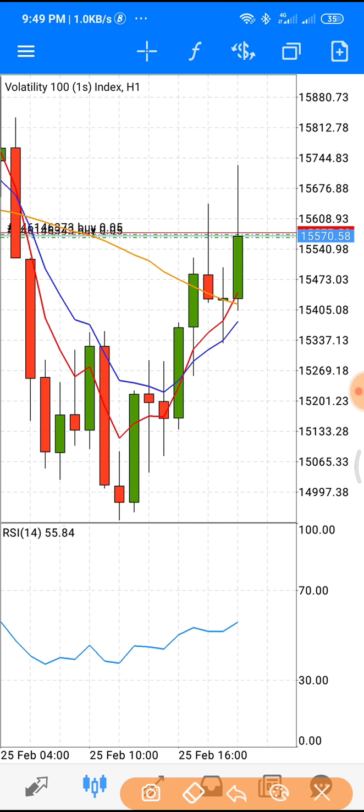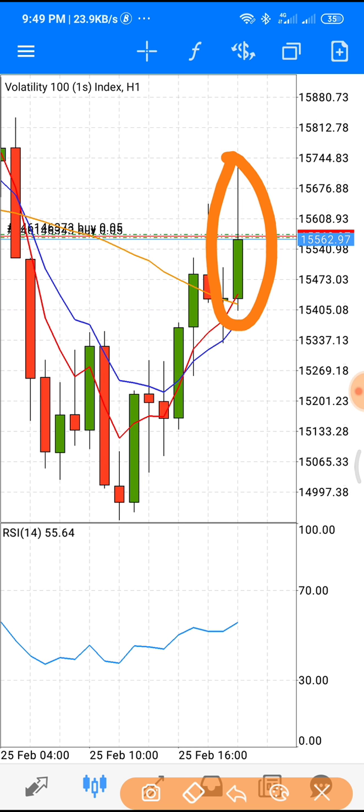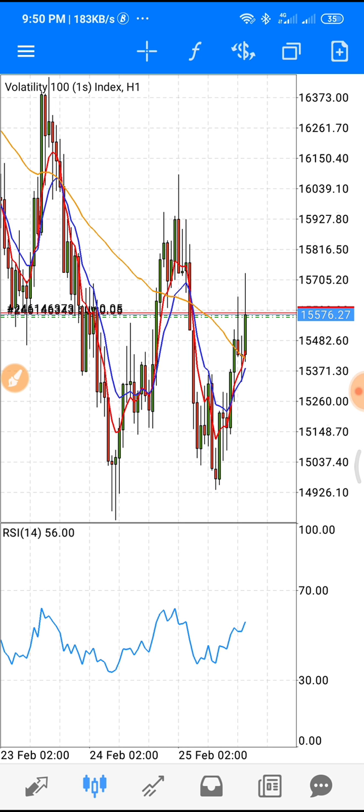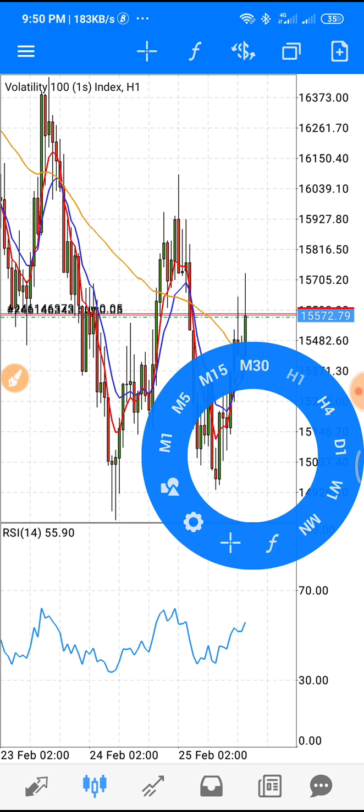Let's say two or three candles on H1, if it is on a strong bull candle or bearish candle, whichever one. If it's on a bearish candle like this, you'll be looking for an opportunity to sell, and if it is bullish like this, you'll be looking for an opportunity to buy.